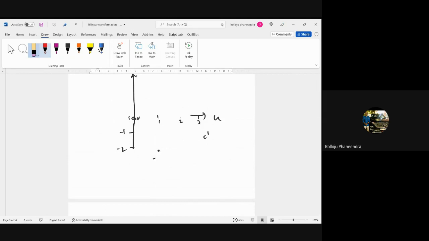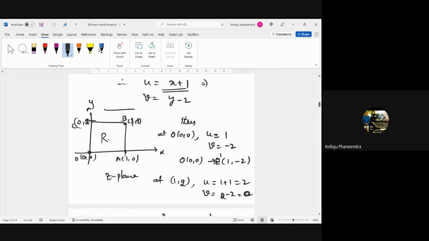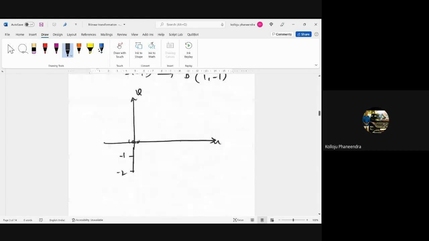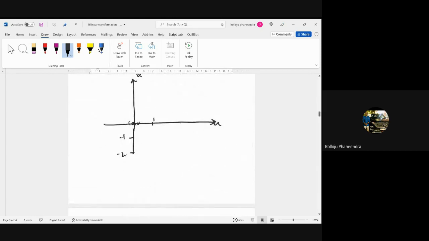So let me draw clearly. Now this is the U axis, and what are the required points here? One by one, let me write from the beginning. First point is 0 comma 0, which means 1 comma minus 2. This is 1, 1 comma minus 2.